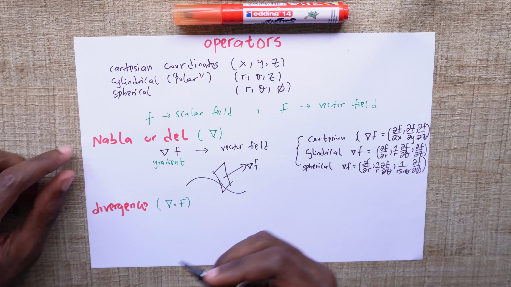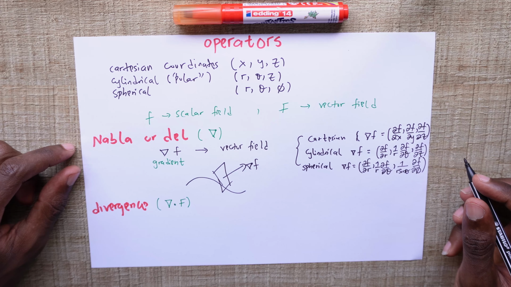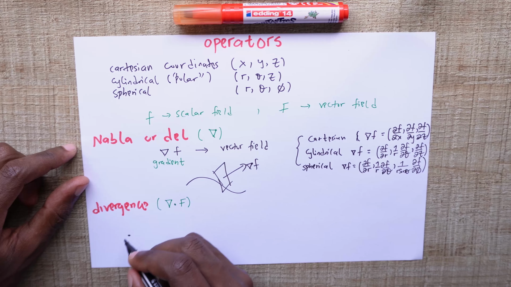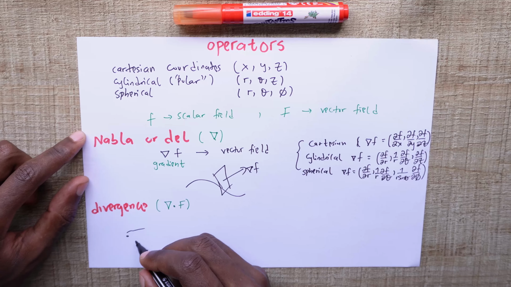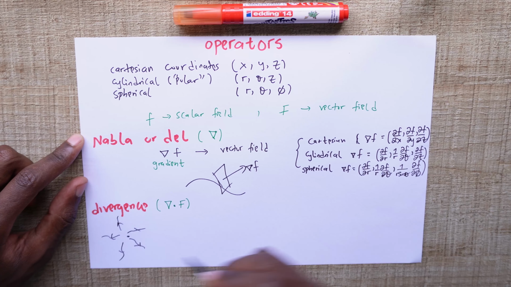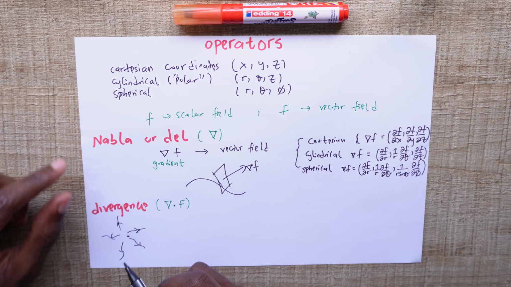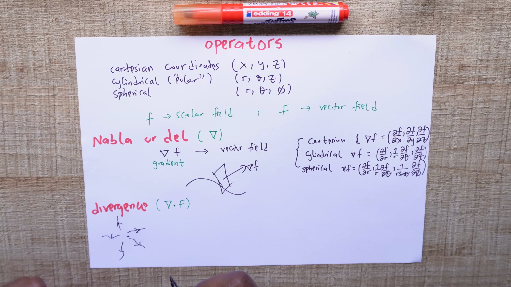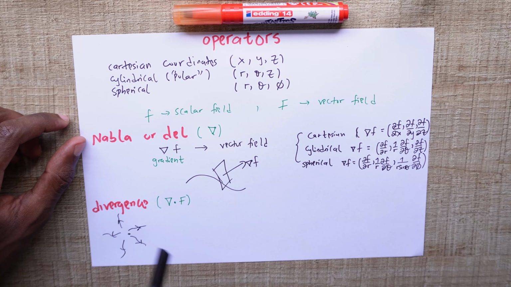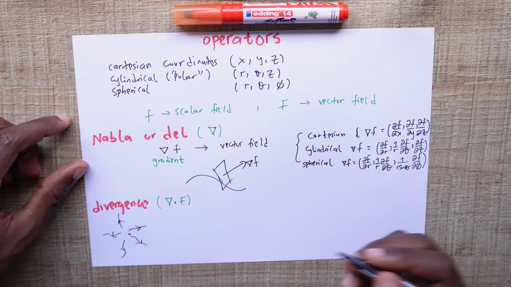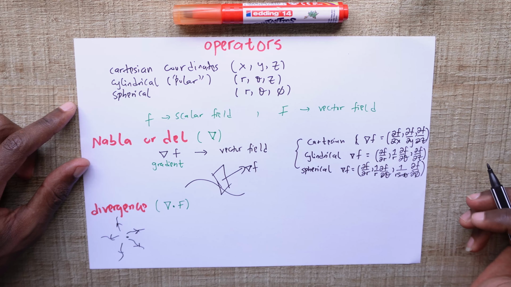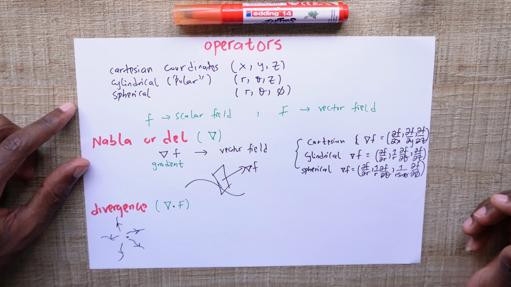So suppose you have a vector field, it could be a stream, you have water flowing in a canal. Let's say at a given point, you have water that flows. Let me just represent it like that. So what this operation tells you is really how material is flowing from a point, which means that if you're having material that flows outwards from a point, then the divergence in this case indicates an expansion.